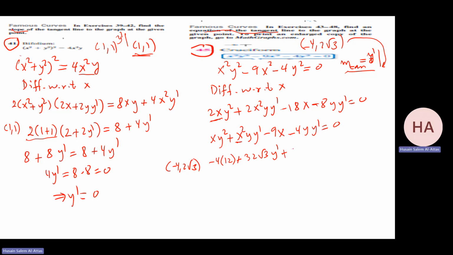Plus 36 minus 4y minus 8 square root of 3 y prime equals 0. Okay. Now this is what? Minus 48 plus 16. This is minus 12. And this one is plus 24 square root of 3 y prime equals 0.